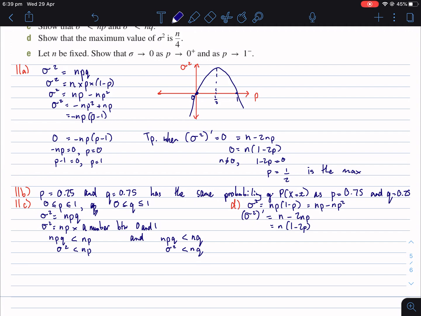So just like we did before, P equals a half, then NPQ at max is going to be N times a half times a half, which is N on 4 at max.